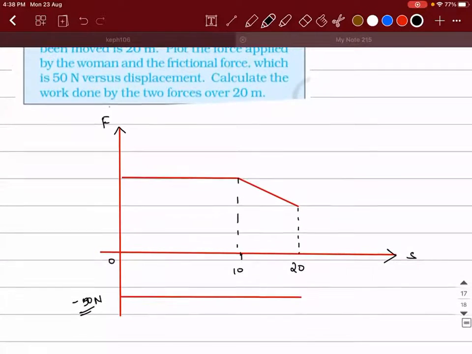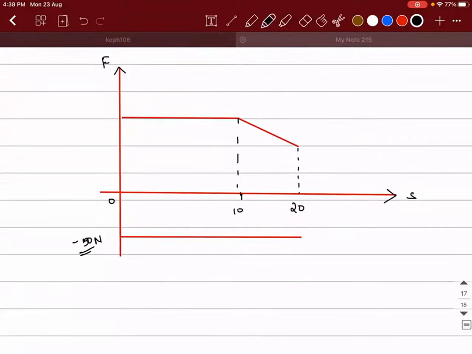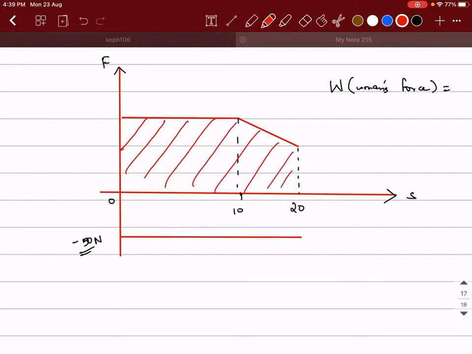Now calculate the work done by the two forces over these 20 meters. The work done by the woman's force is equal to this area.